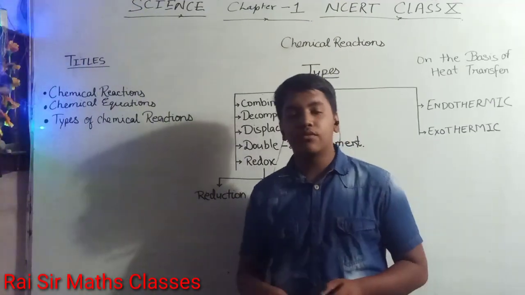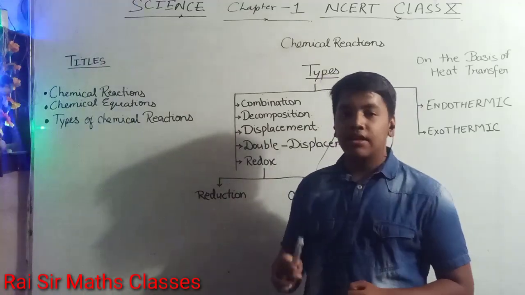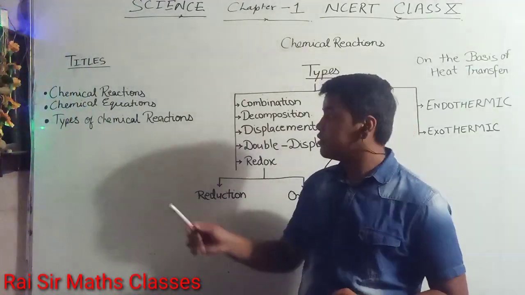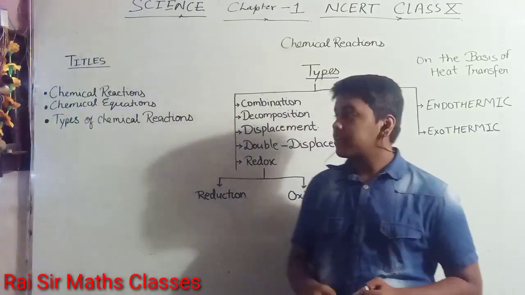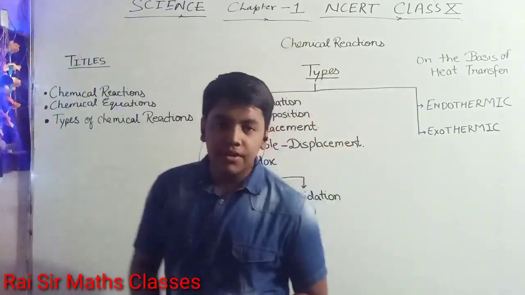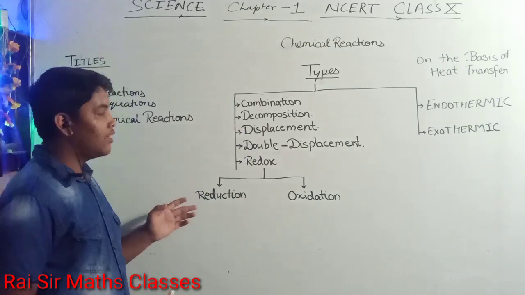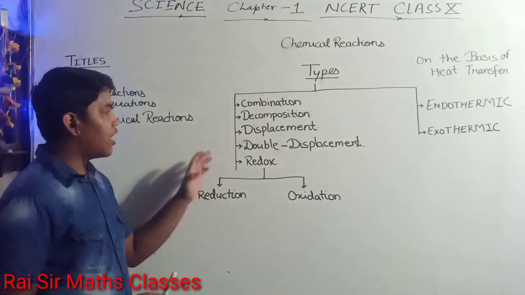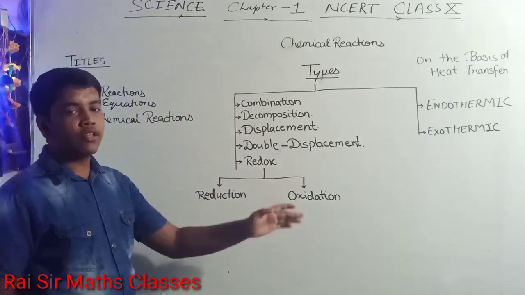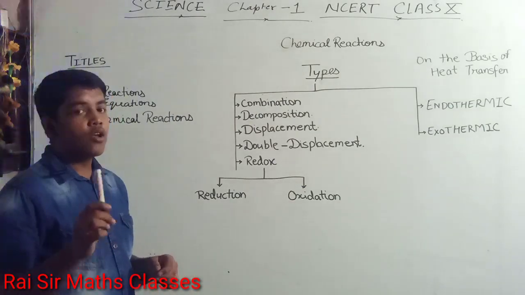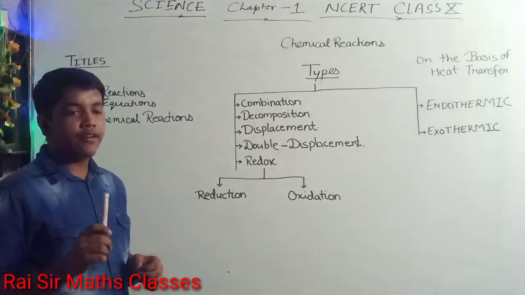And now we are going to start the third and the last title of our video, that is types of chemical reactions. Here you can see the flowchart of chemical reactions. On the left hand side are the reactions by nature of process, and on the right hand side there are the reactions on the basis of heat transfer.